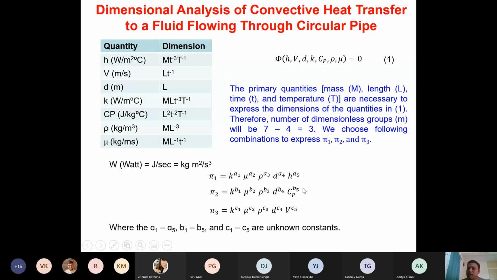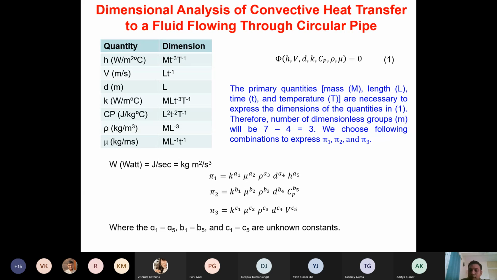But the only thing you have to note is that all these parameters A1, A2, A3, A4 or B1, B2, B3, B4 or C1, C2, C3, C4 have to be calculated in terms of the exponent of the variable which is varying across the equation. That means A1, A2, A3, A4 have to be calculated in terms of A5. Similarly, B1, B2, B3, B4 in terms of B5, and similarly C1, C2, C3, C4 in terms of C5.